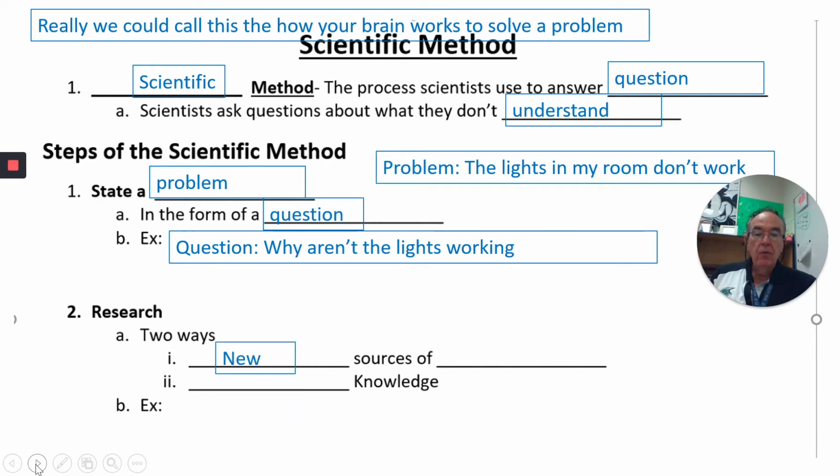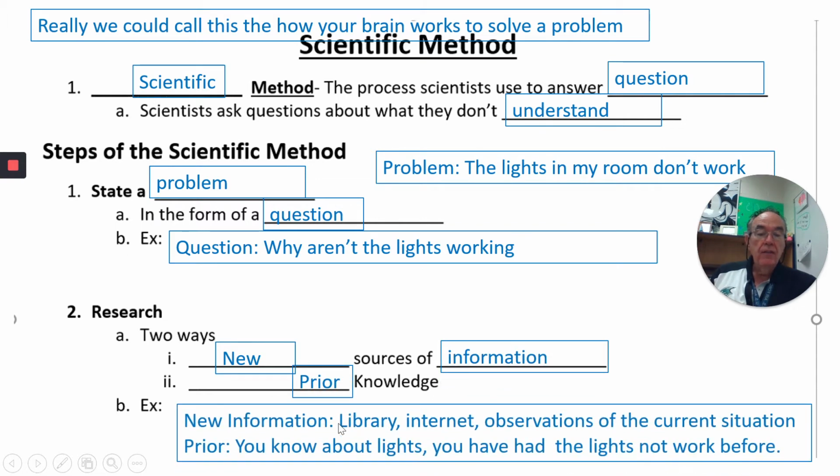We're going to first do a little research. And we may look for new sources of information, or we may rely on our prior knowledge. New sources of information would be if you look in the library, the internet, make observations of the current situation. Prior knowledge, you know about lights. You've had the lights not work before, so you already have some knowledge about what the problem might be.